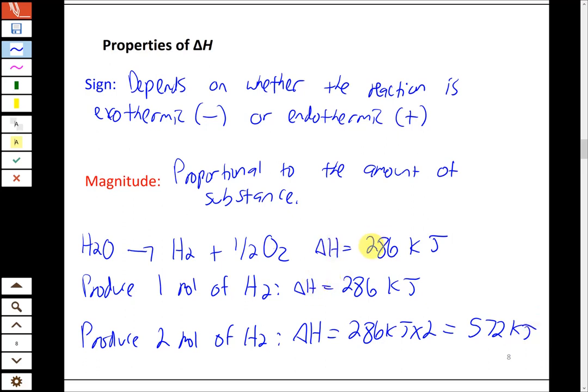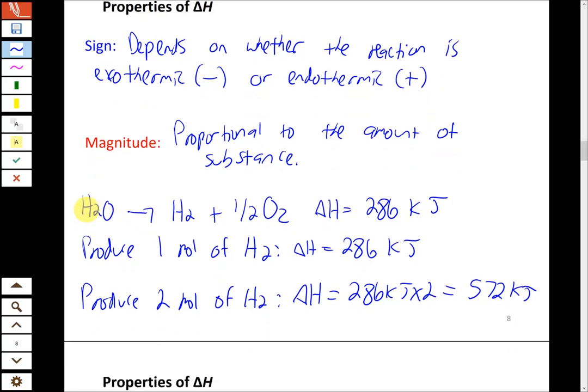We know that delta H is 286 kilojoules per 1 mole of hydrogen. So if we have a different number of moles of hydrogen, we can find delta H just using that ratio of 286 kilojoules to 1 mole, or any other coefficient in the equation. So that is another property of delta H, that it scales with how much of the substance we're using in the chemical reaction.